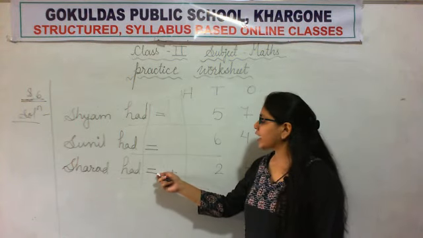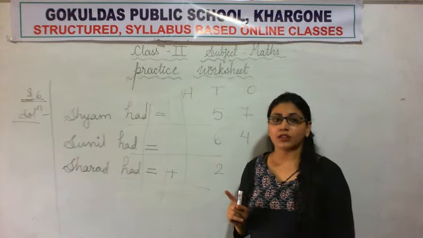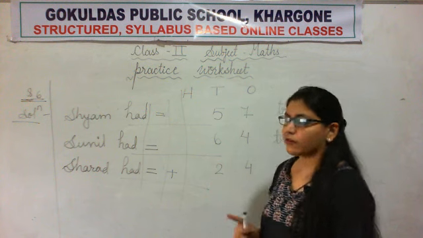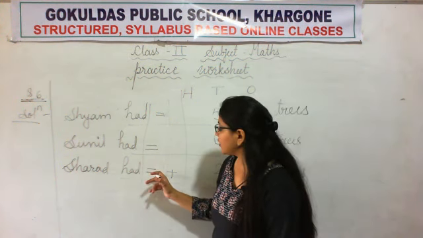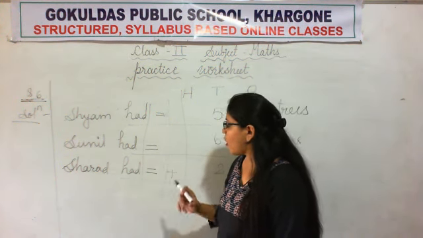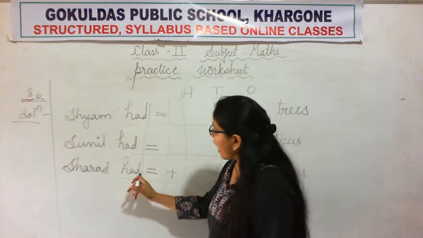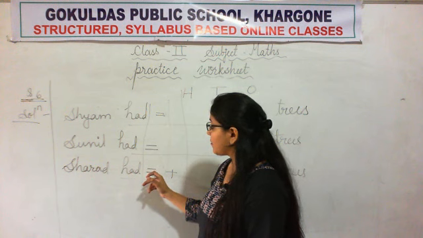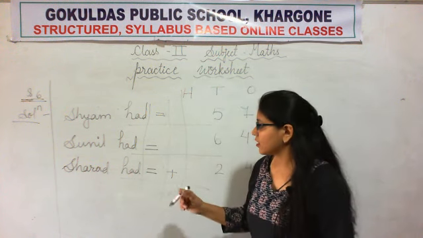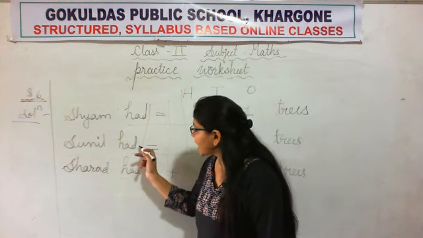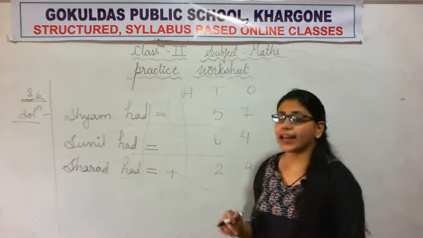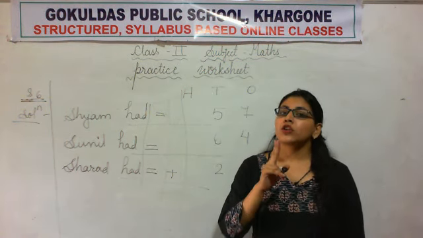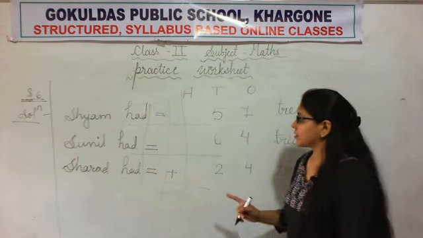You are putting two signs in one box. This is not the correct way of writing. Put different symbols in different boxes. If you have written the complete writing here, then the symbol you will put in the next box. You will not put equal to sign in the same box.